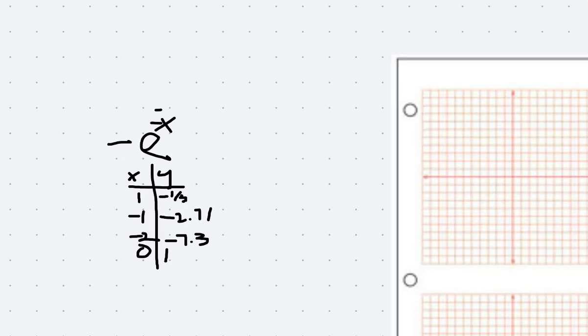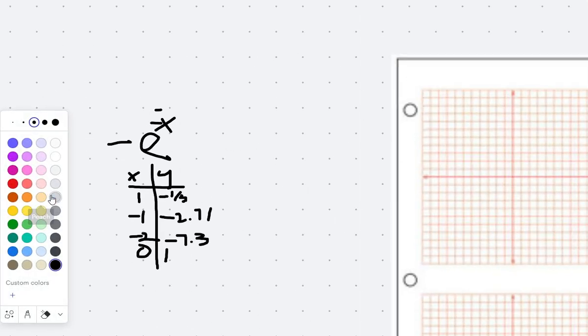So let's graph that real quick. There are no asymptotes, so we don't need to draw anything. We'll make this gray. So our x is 1 and our y is -1 by 3, right there. Our -1 is about 2.71, like right there.